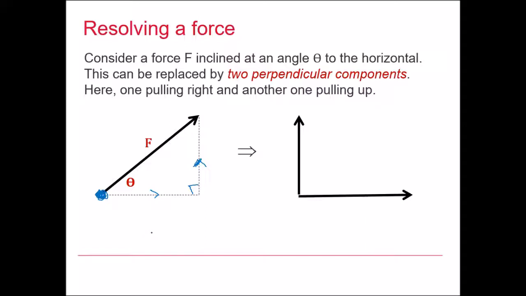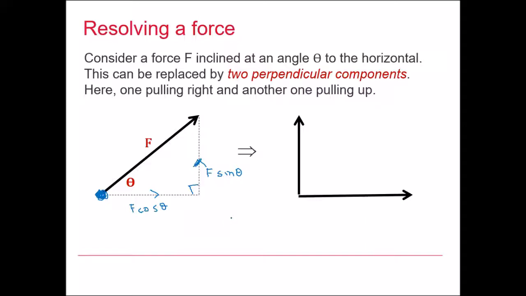Now that gives rise to the idea of resolving or use of components, because from the point of view of trigonometry in this triangle, the side's length along the bottom for the horizontal must be F cos theta and the vertical one must be F sin theta. So we can imagine our single force F at an inconvenient angle theta replaced by two forces, one of which is horizontal and the other vertical.